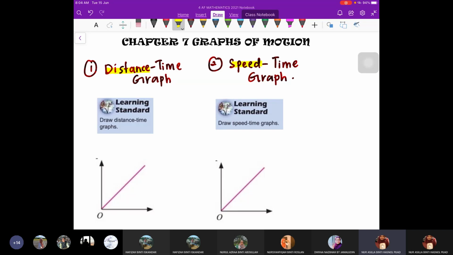Jangan confuse dengan the type of graph given to you. Okay, so each graph will give you different type of informations, although you will find the same information in both graph. Okay, ada yang sama, ada yang beza.